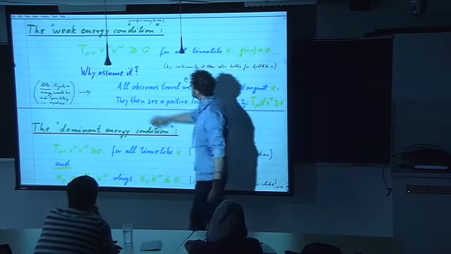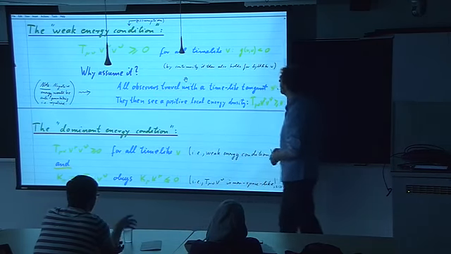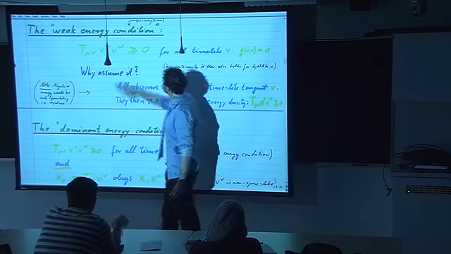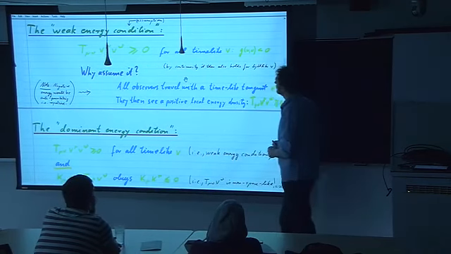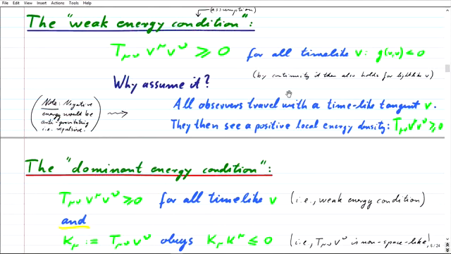So these are energy momentum tensors for which this inequality holds, where T mu nu is the energy momentum tensor and V is any arbitrary time-like vector. Now that is a huge class of energy momentum tensors, and it's very reasonable to assume that no matter what matter we find in the universe, the energy momentum tensor will obey that condition.